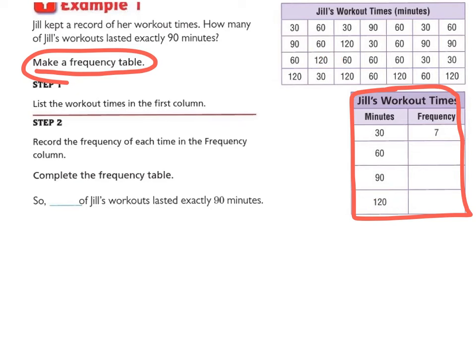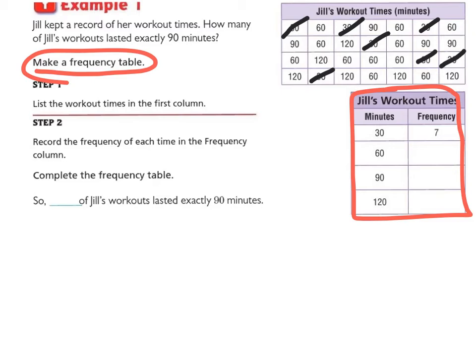It looks like they already did number 1 for us. She had 7 30-minute workouts. So let's check those off. 30 minutes: 1, 2, 3, 4, 5, 6, and there it is, 7. So she had 7 30-minute workouts.